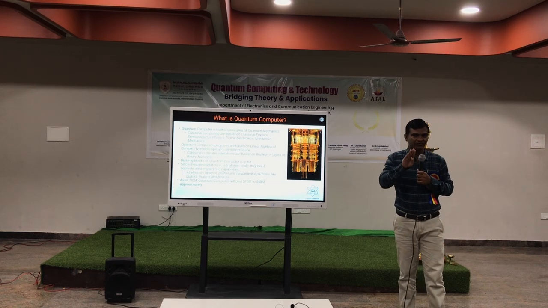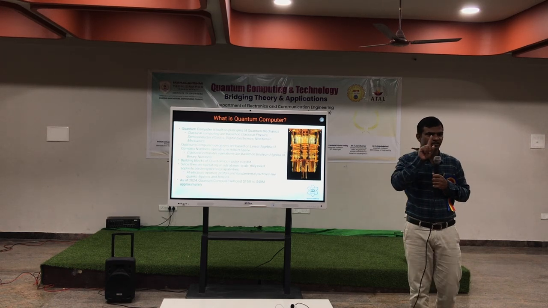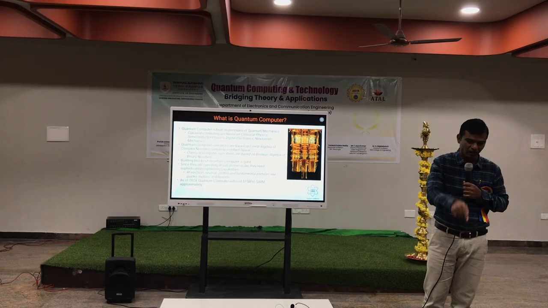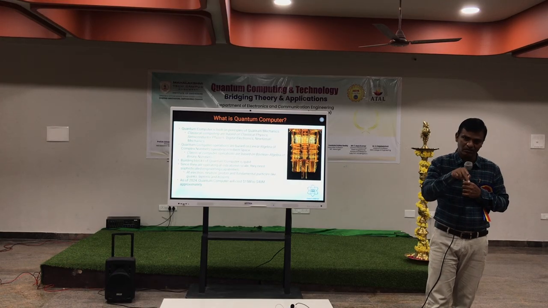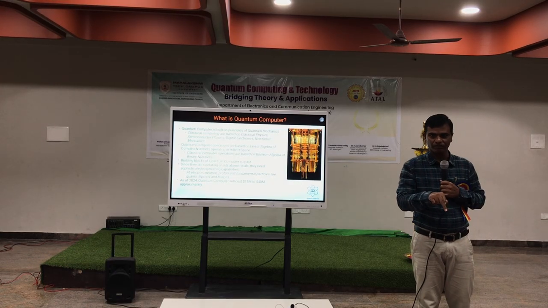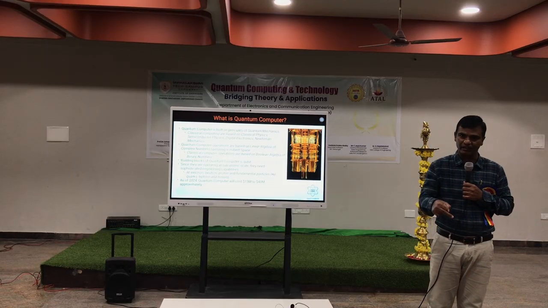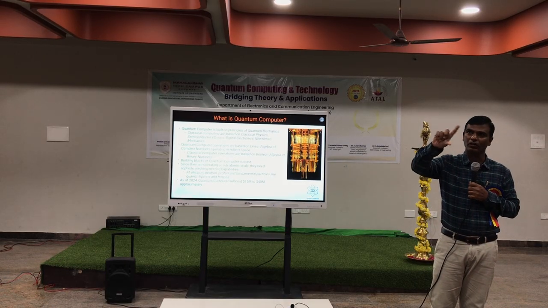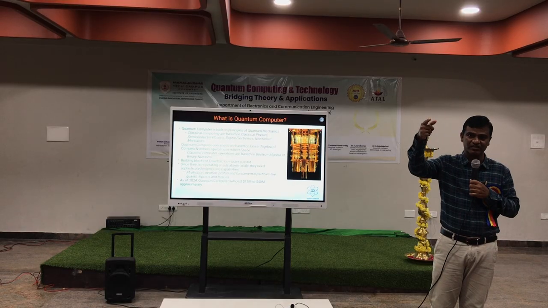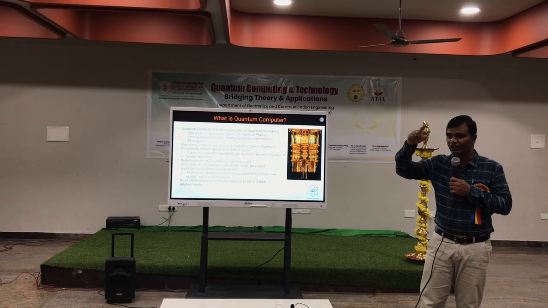And here we are using only binaries, zeros and ones. That means when the coin is on the ground, it is either 0 or 1, or head or tail. We are not talking about what is happening in the space, when the coin is spinning.